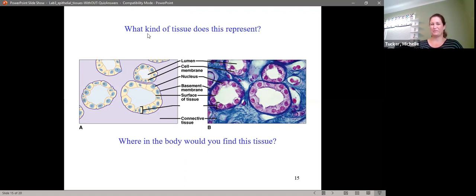Very good. Simple cuboidal epithelium. And these are found where? In the kidneys. And I'll just say right now that they're found in the kidney tubules, because you're going to find out that there are other cells found in the kidneys.